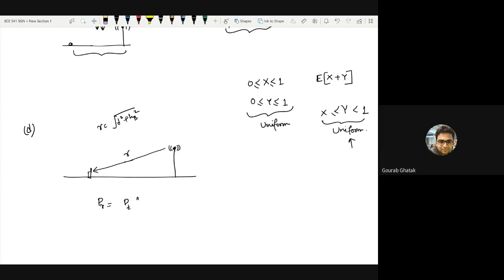So we have R to the minus alpha, some path loss constant, some gains, right? So this is the received power when there is line of sight state, and it is 0 when it is in non-line of sight state.